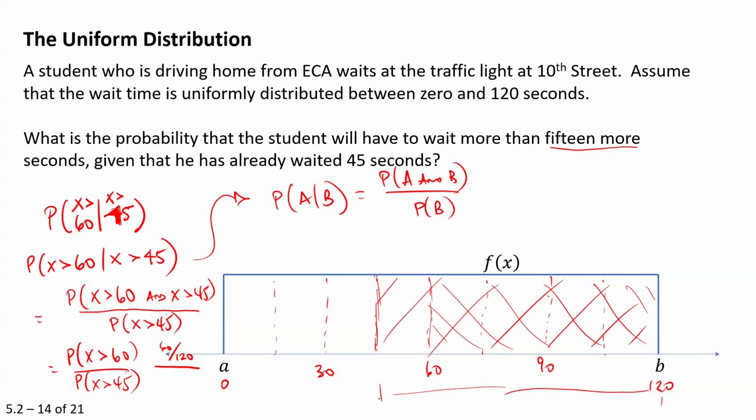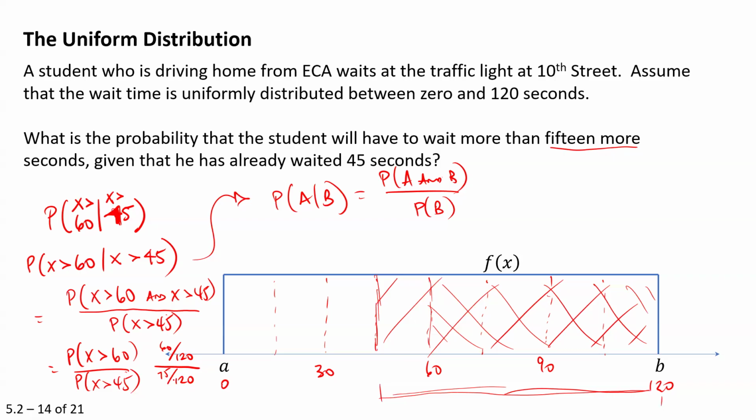What's that width? 75. 75 out of what? 120. Now I've got an over 120 up here, and I've got an over 120 down here, don't I?